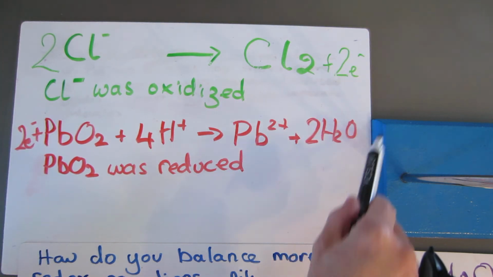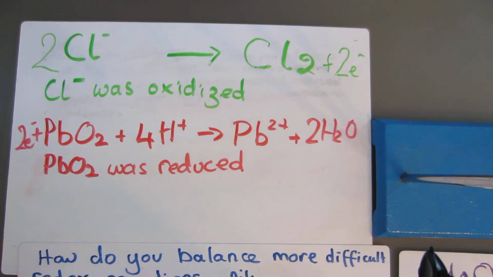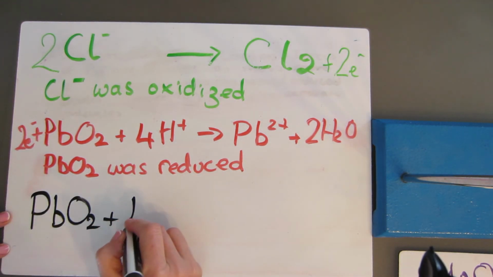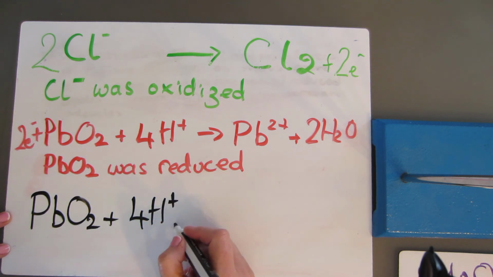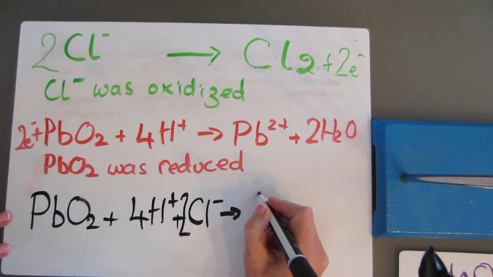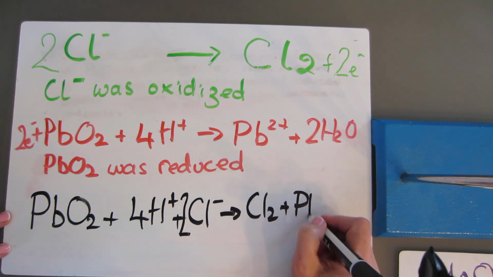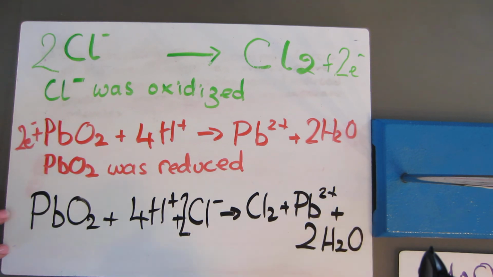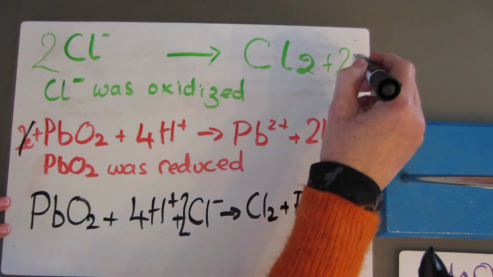Write down the products from both half equations. So, okay, I don't need to put the final electrons.